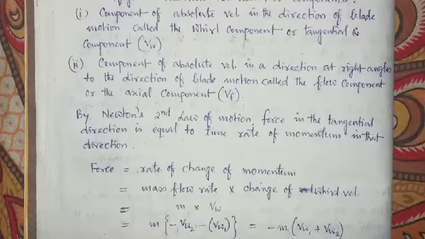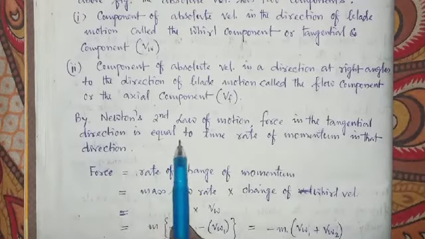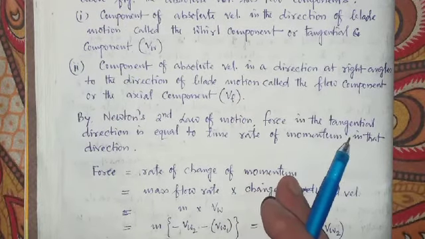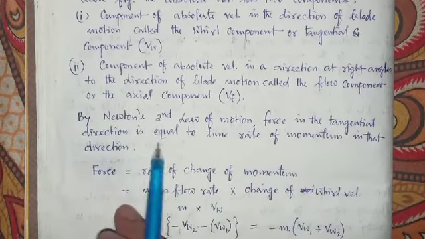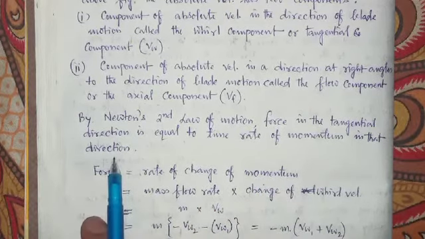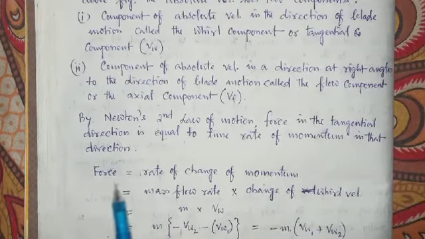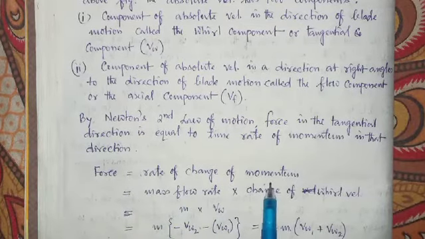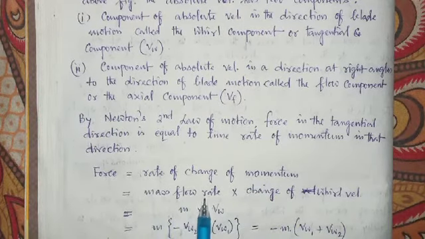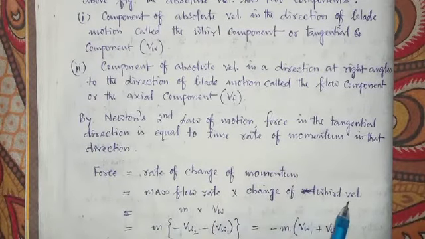Now, by Newton's second law of motion, the force in the tangential direction is equal to the time rate of change of momentum in that direction. Force equals rate of change of momentum. The rate of change of momentum is the mass flow rate, that is mass per unit time, times the change of whirl velocity.